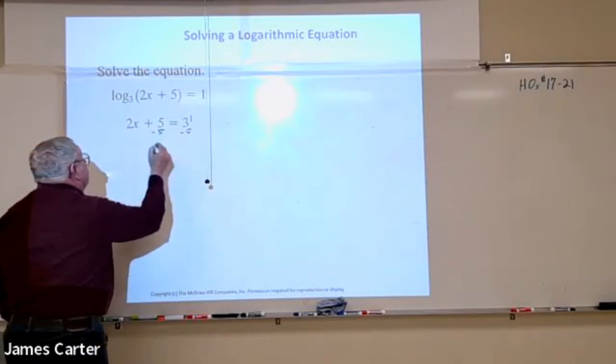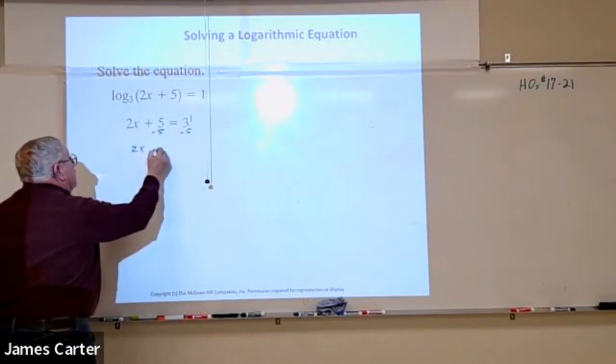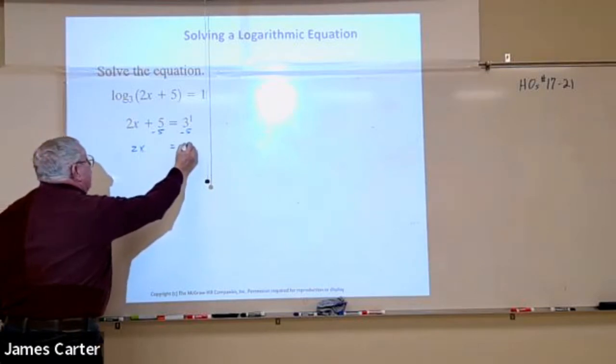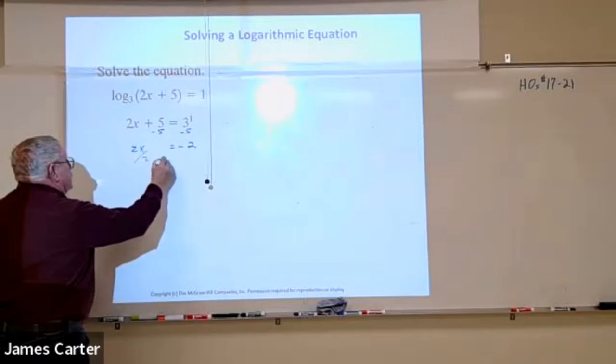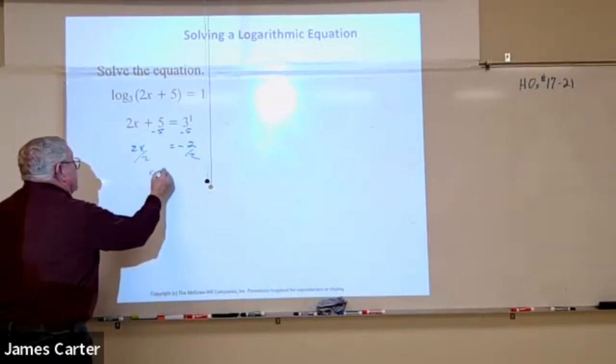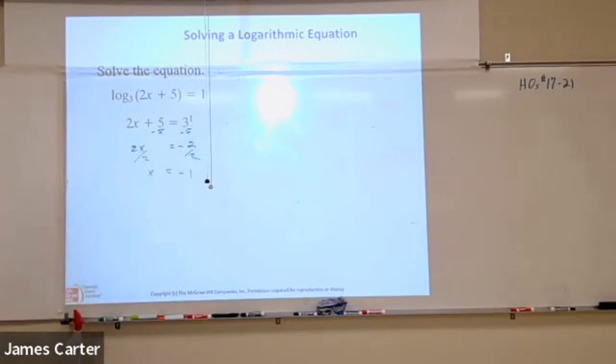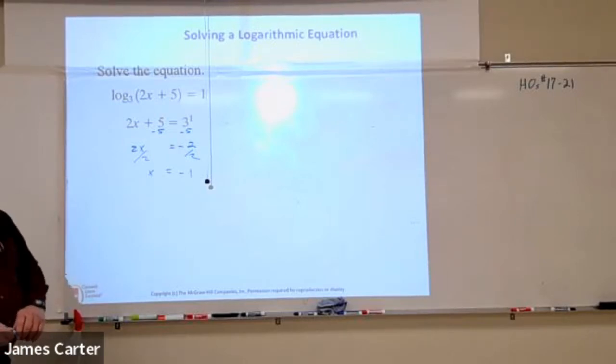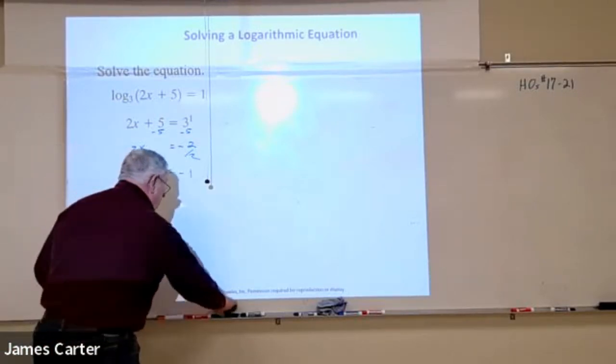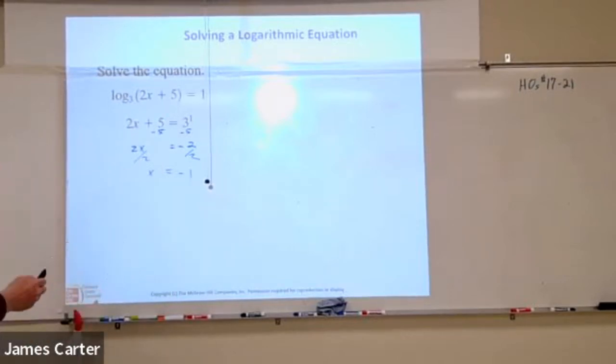Negative 5 minus 5 to x equals negative 2. Divide by 2, divide by 2, x equals negative 1. Okay? So if we put that in there, supposedly it ought to check. They're going to do the same steps I'm doing.